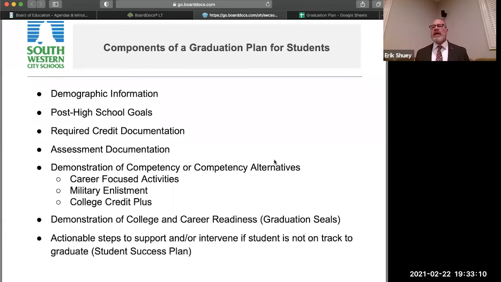And here's the thing, these graduation plans are only as good as the work that happens with them. So within the graduation plan, the other thing the team has been really working hard on is, how do we take the systematic approach within the school to make sure that we are advising, guiding, and intervening with students around these graduation plans, and it cannot just fall on counselors in the building.